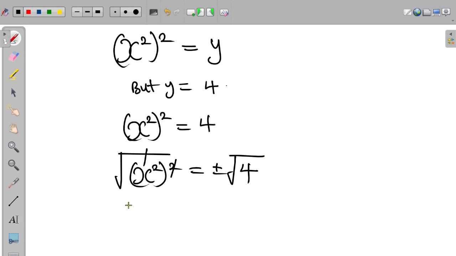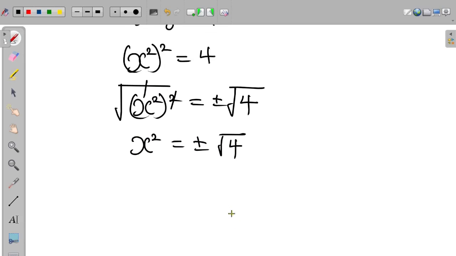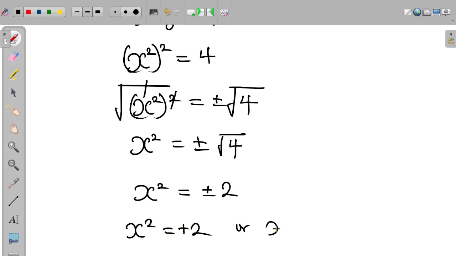Square will cancel out root, so we have that x squared is equal to plus or minus root of 4. And therefore, x squared will be equal to plus or minus 2. So therefore, x squared is equal to plus 2, or x squared is equal to minus 2.